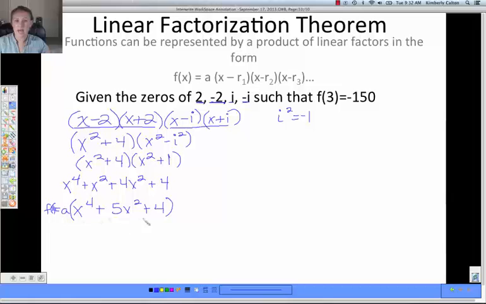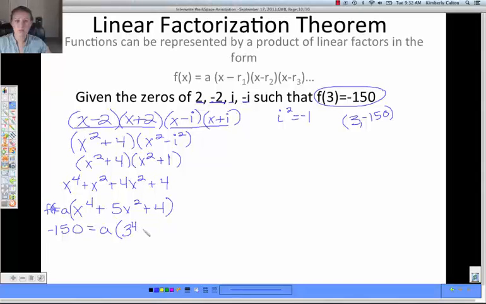Well, now that we have this form, we can use what's been given to us. This tells us that x is 3 and y is negative 150. Well, if y, which is the same as f(x), is negative 150, we don't know a, it's what we're going to solve for, and I know that my x value is 3.